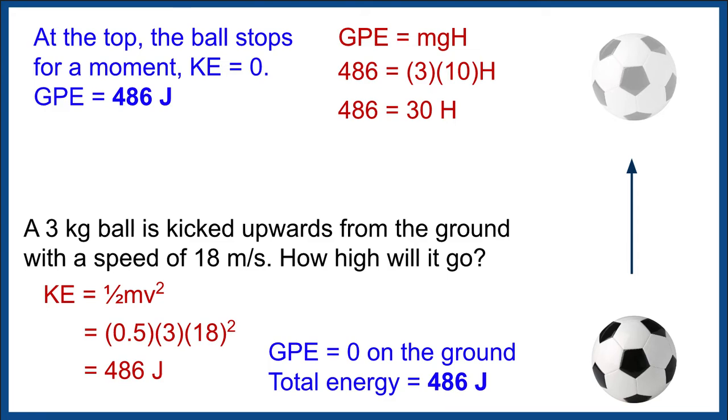And then to get the H by itself, we would divide both sides by 30. So 486 divided by 30, definitely need a calculator here, comes out to be about 16 meters. So that's how high the ball will go if we kick it at 18 meters per second from the ground.